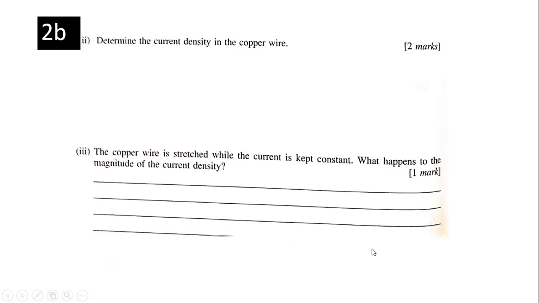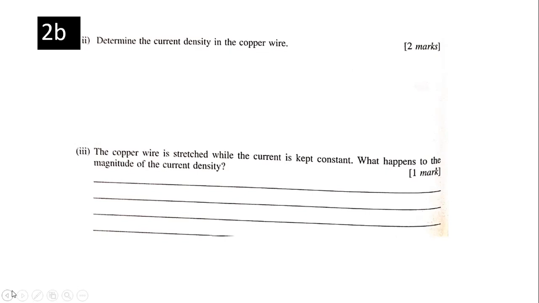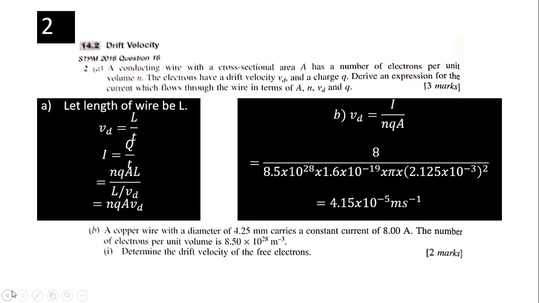Determine the current density in the copper wire. They're just trying to get you to calculate all the terms, that's all. J is nev. Or you can put I, since you already calculated. Why did I go and do so?